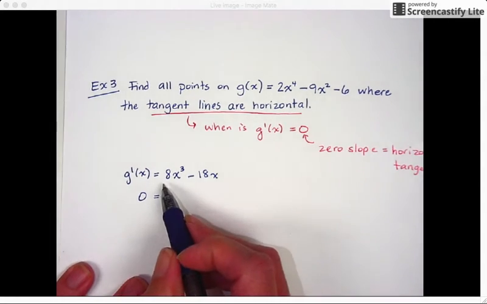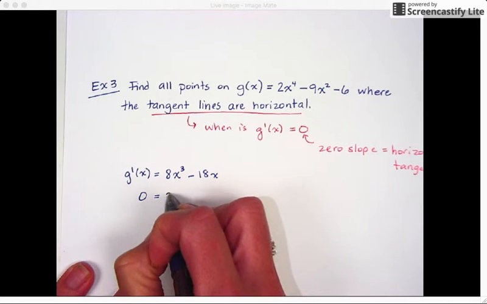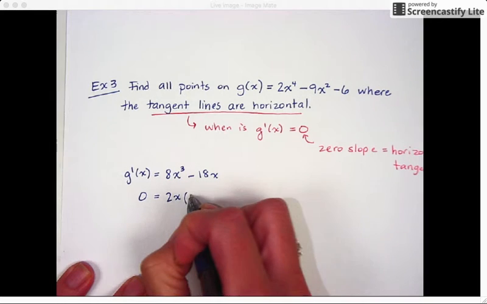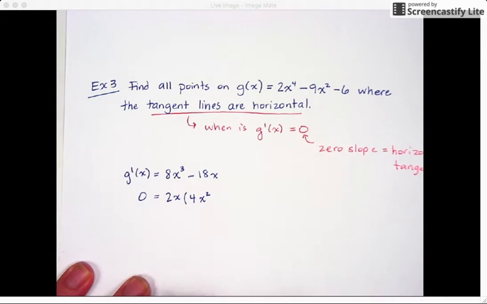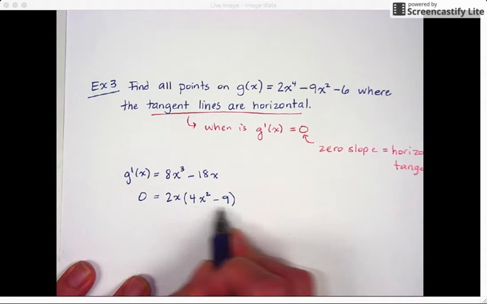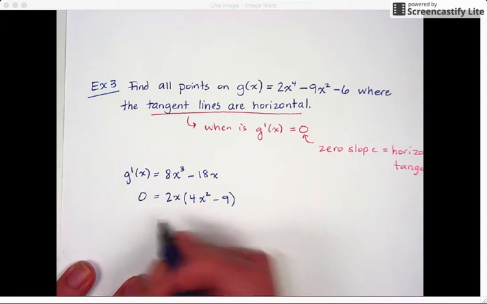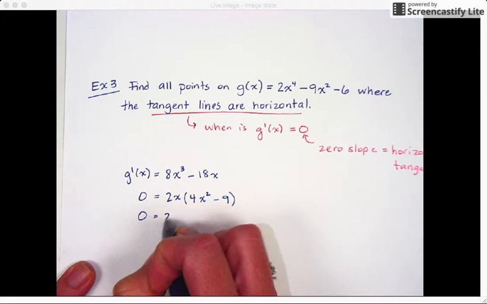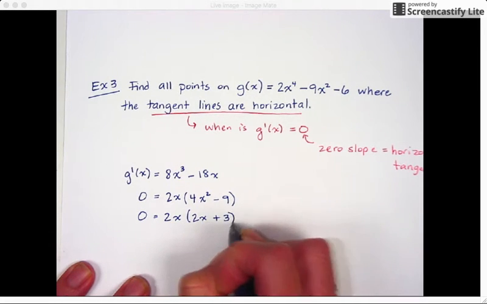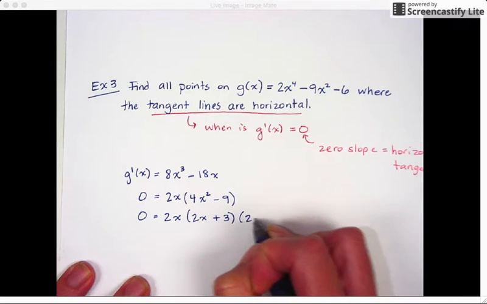I can take out a 2, and I can take out an x. So I'm left with 4x squared minus 9. This binomial factors more. So I have 2x plus 3, 2x minus 3.